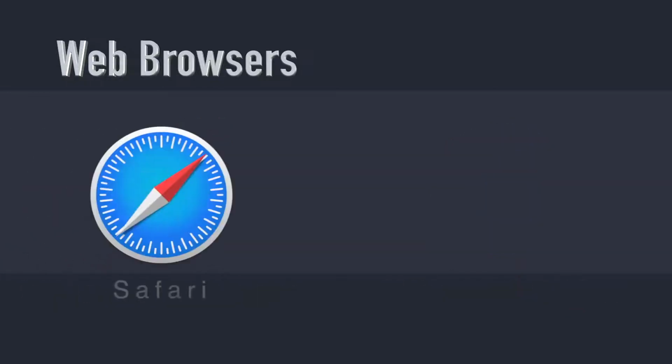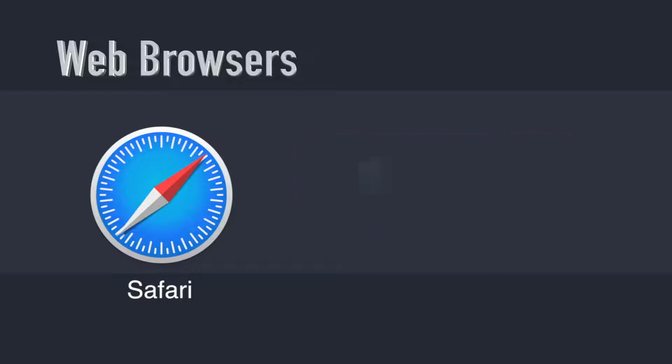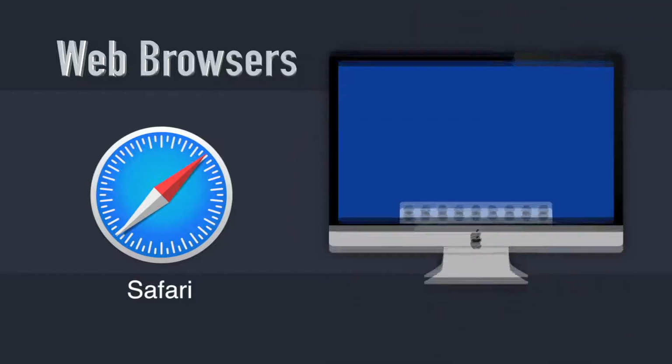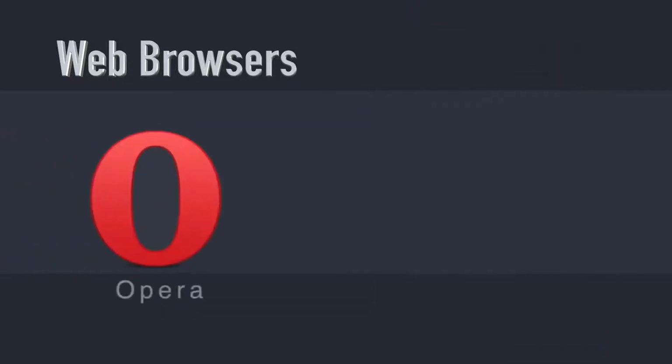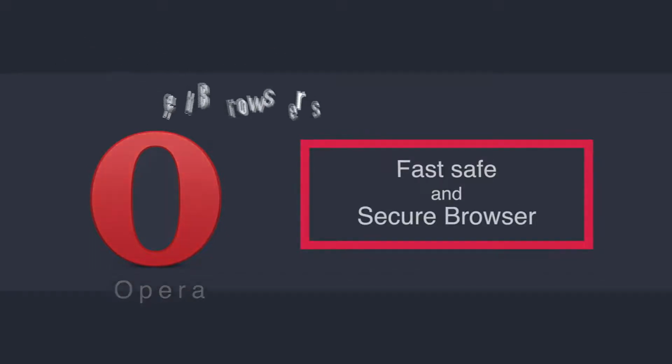We also come across a popular browser named Safari, which is very popular on Macintosh based systems, whether it is your iPhone, your iMac or your iPad. Another popular browser, Opera, is found on most platforms.